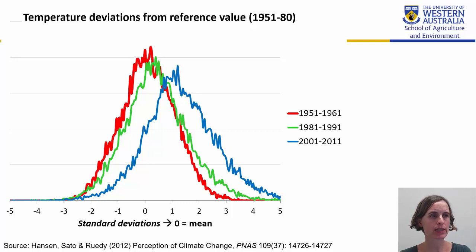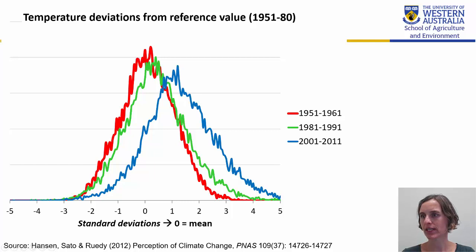What do you see in the distribution of temperature? Is it growing wider or more narrow? It's growing wider over time. That means that there is increased variability in temperature. And because it's a normal distribution, this seems to be going down, but that's an effect of the distribution.